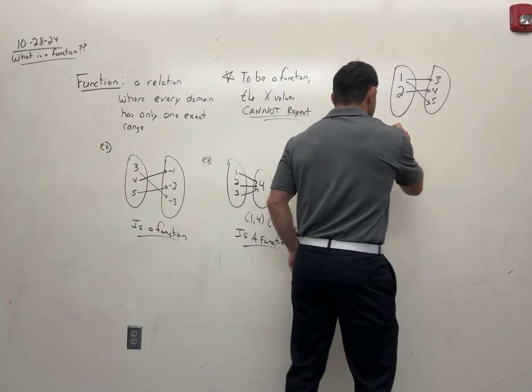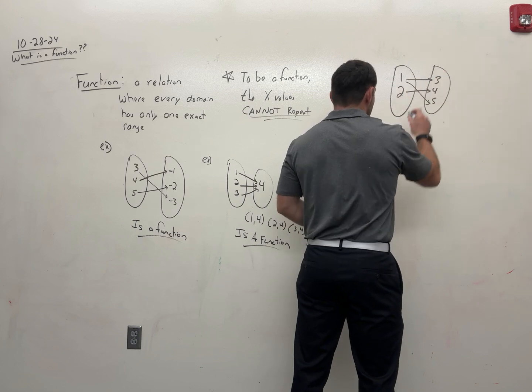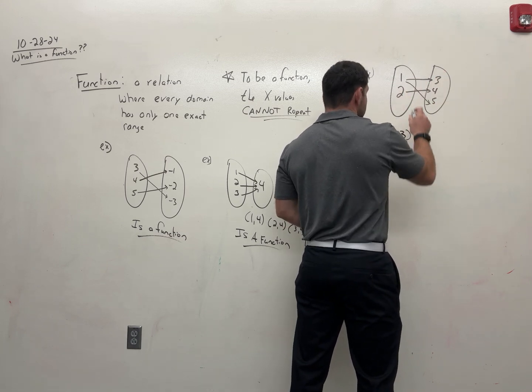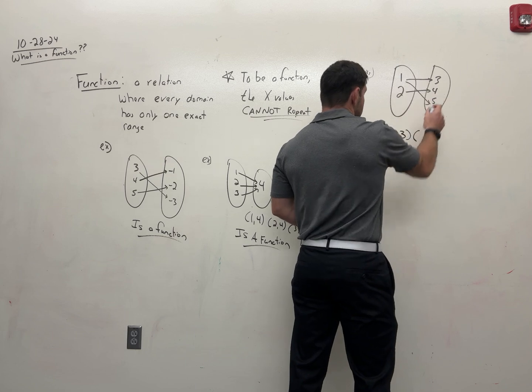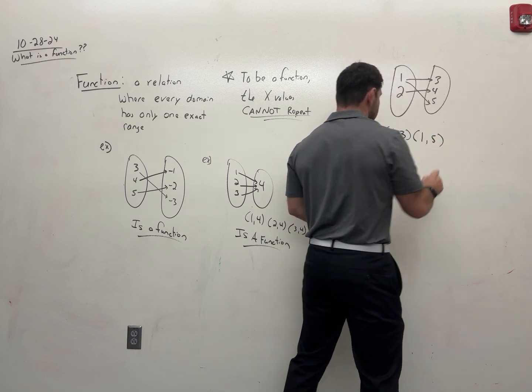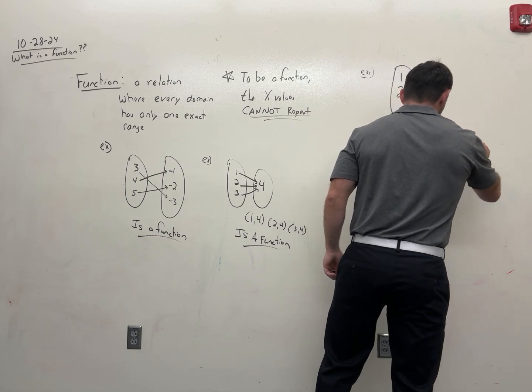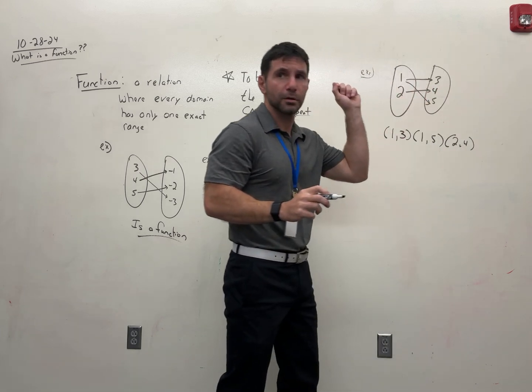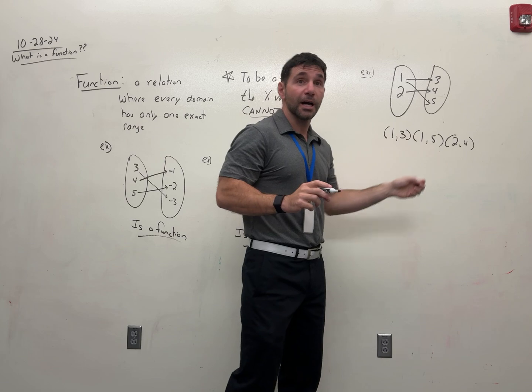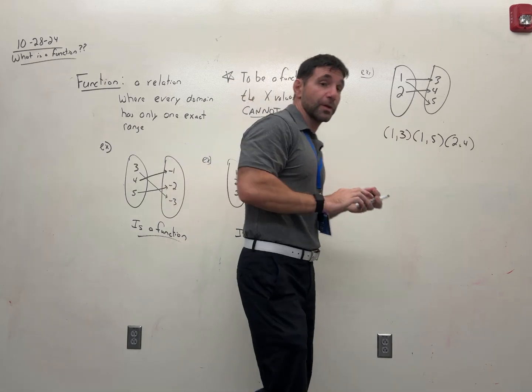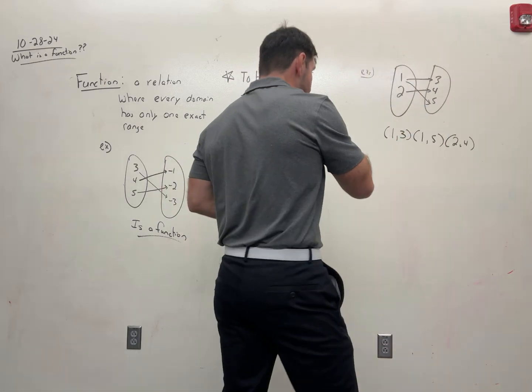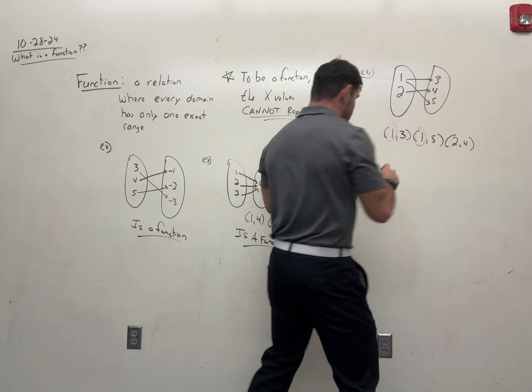What are my ordered pairs? 1, 3. Oh, 1, 5. And 2, 4. So it's not a function because what? The 1 repeats.